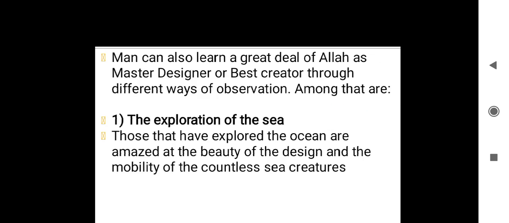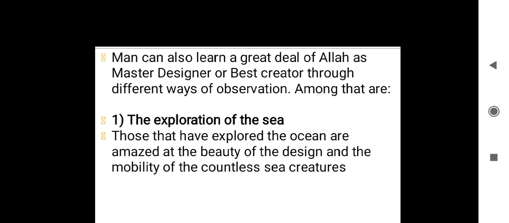Okay, next. Man can also learn a great deal of Allah as master designer or best creator through different ways of observation. So, if we didn't observe, we wouldn't understand the powerful, the design, the superpower designer, and the best creator.